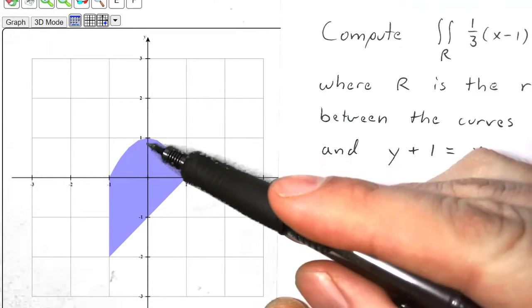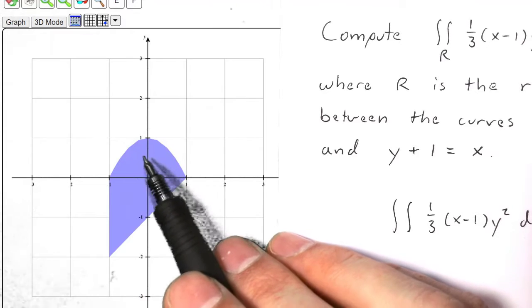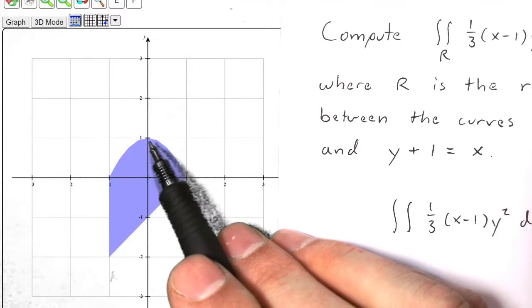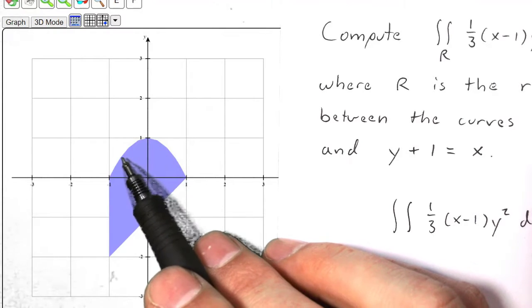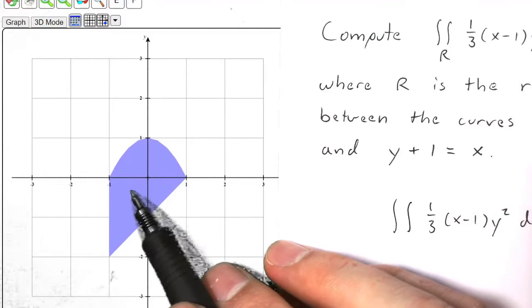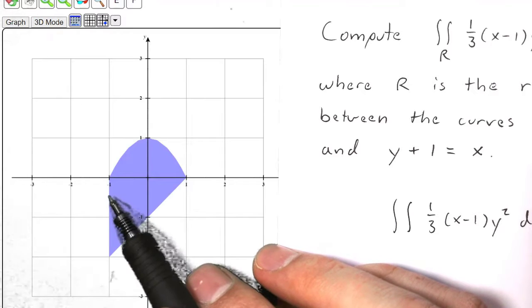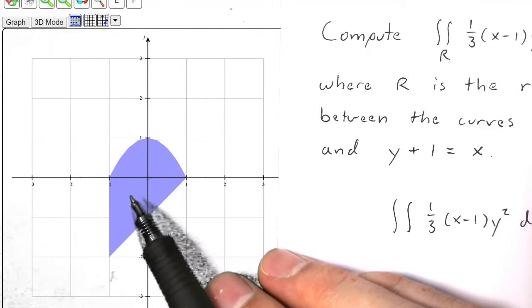So for each value of y, I'm going to integrate x from some value to some value. I can see here that for each value of y in this region over here, I'm going to evaluate x from this curve up to this curve. Now, as I come along here, when I get down to here, I'm going to evaluate the integral from this curve to this curve. Notice that the curves changed.